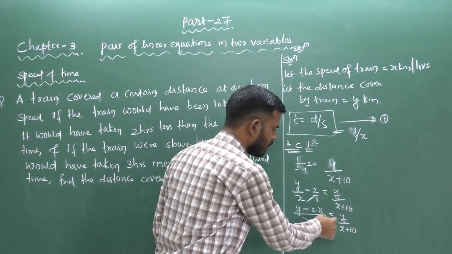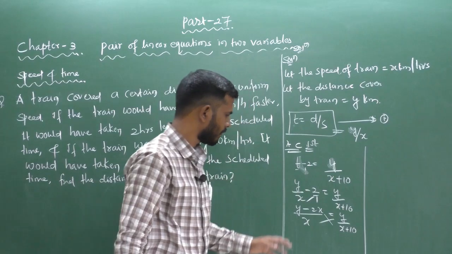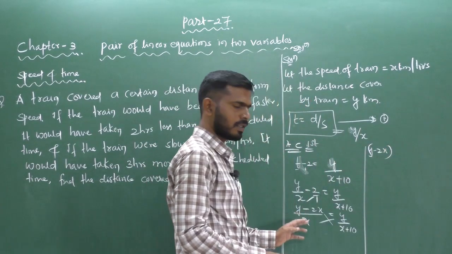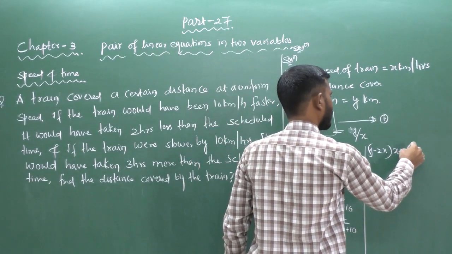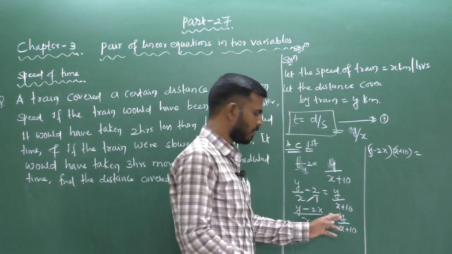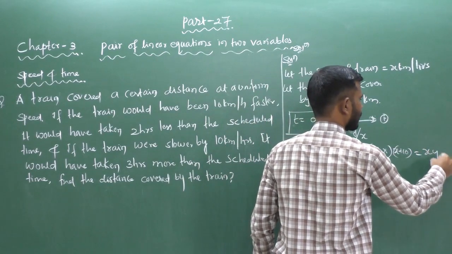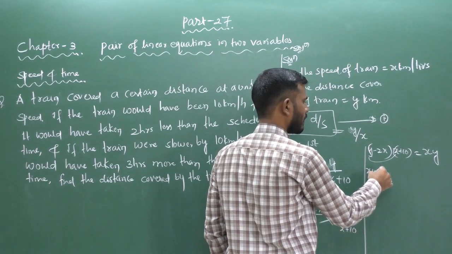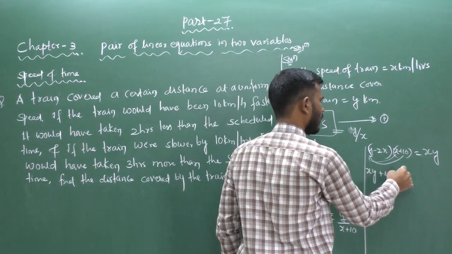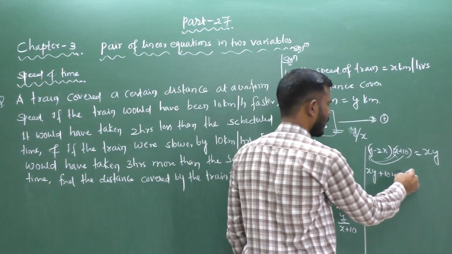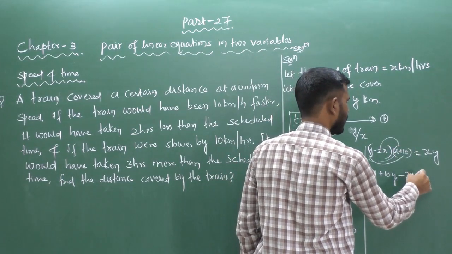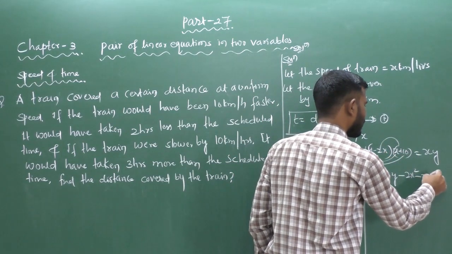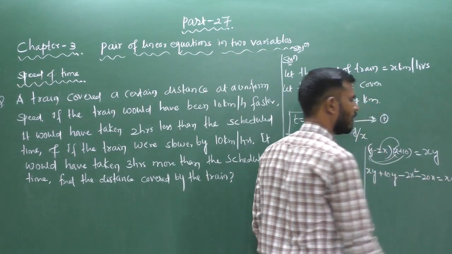Again cross multiplication means we get the equation y minus 2x into x plus 10 equal to xy. Next you have to multiply x into y, xy, y into 10, 10y. Next minus 2x into x, minus 2x square, minus 2x into 10, minus 20x equal to xy.